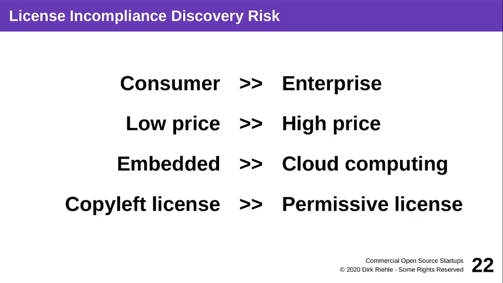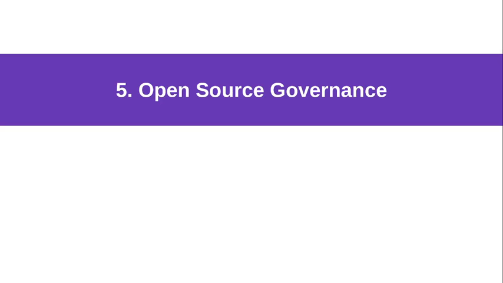And of course, a copyleft license has those extra challenges, because people who license out under a copyleft license are often more interested in enforcing their rights than other people. So you have to look at your specific situation and assess the risk of discovery of any license violation, and then you can decide how to go about it.